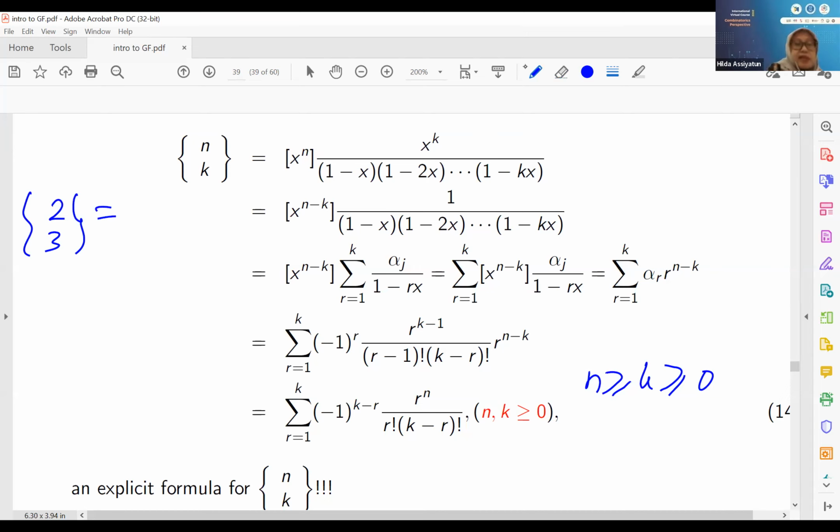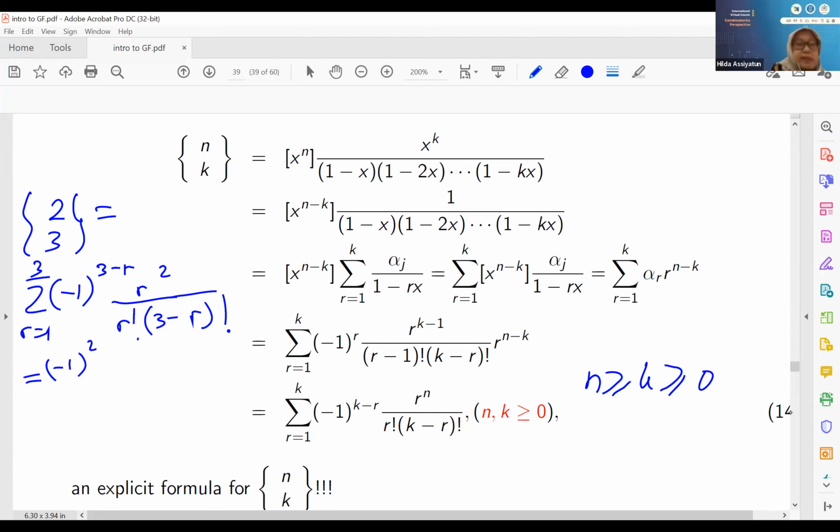So it should be the sum of r equals 1 to 3, of minus 1 to the power, 3 minus r, r to the 2, over r factorial times 3 minus r factorial. Let's plug into this sum. When r equals 1, this should be, minus 1 to the 2.